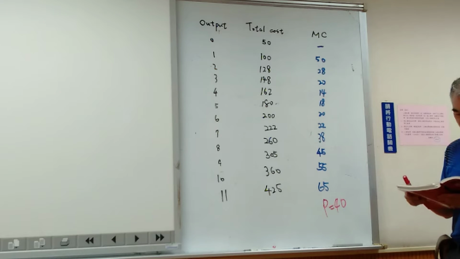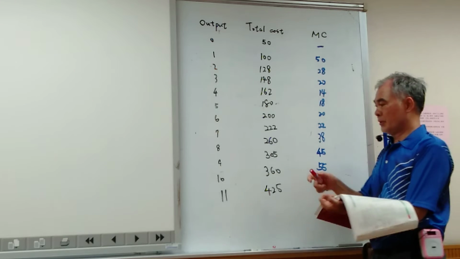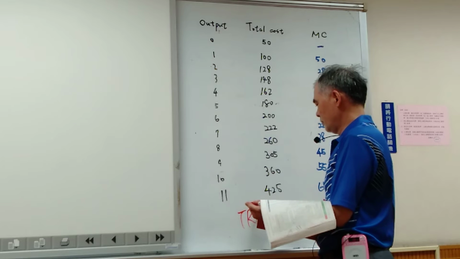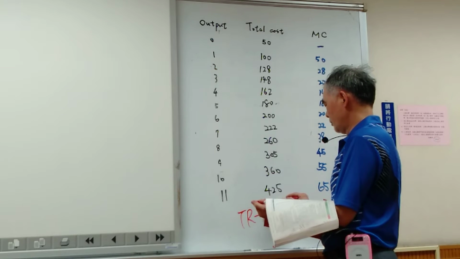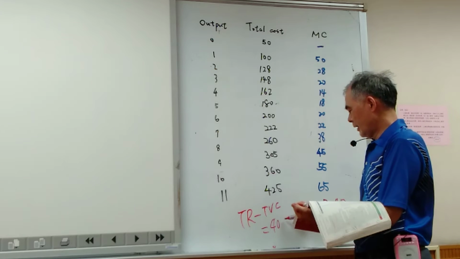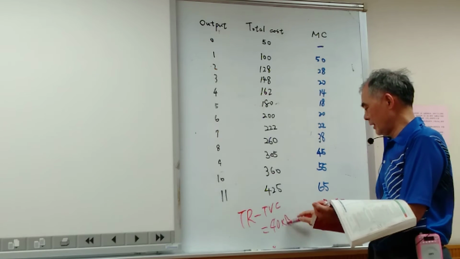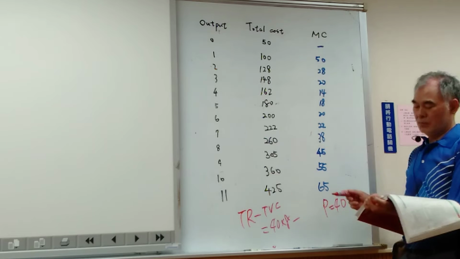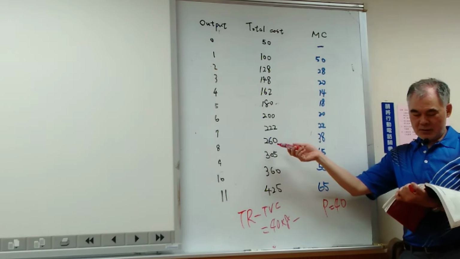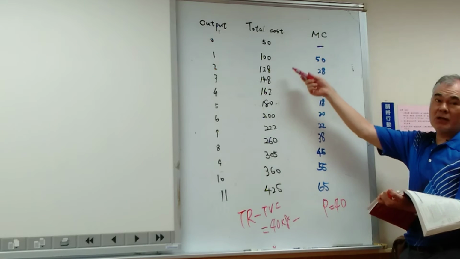And so what is the producer surplus? Producer surplus is equal to TR, total revenue, minus total variable cost. TR, the price is equal to 40, and the production level is equal to 8. Here, this is total cost, right?